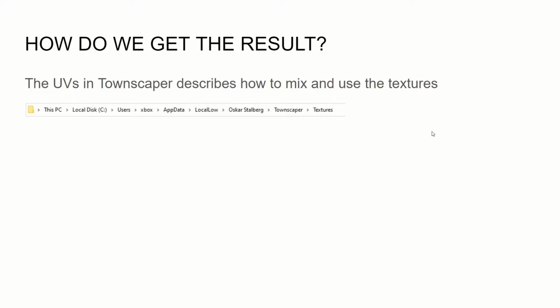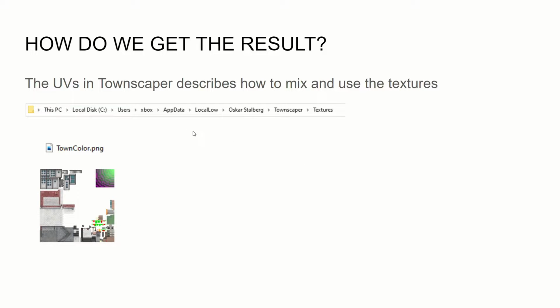To get the results, we need to understand how Townscaper is mixing the various textures it has to achieve the end result. If you install Townscaper on your computer and go to your user folder, AppData, LocalLow, Oskar Stålberg, Townscaper and textures, you will find a couple of files.